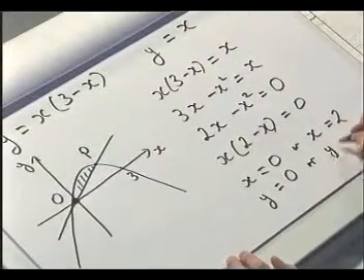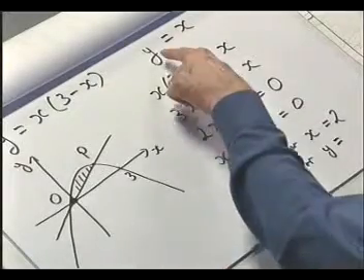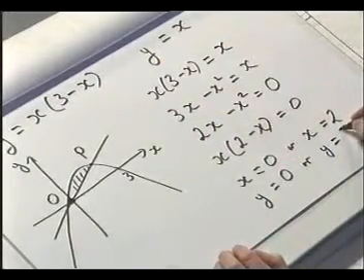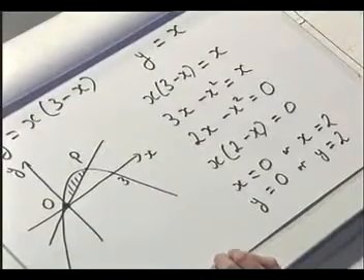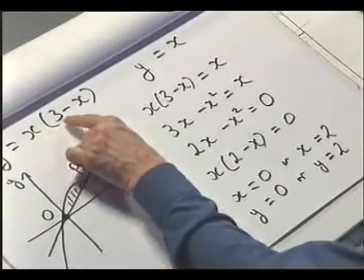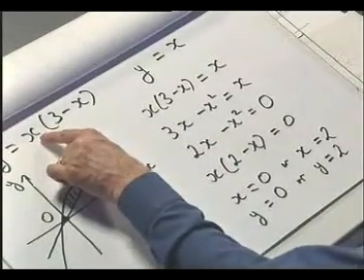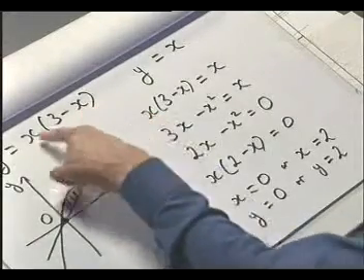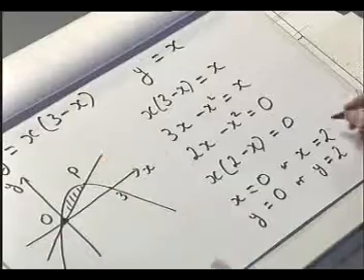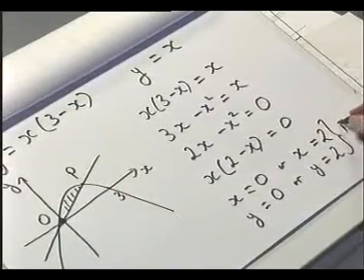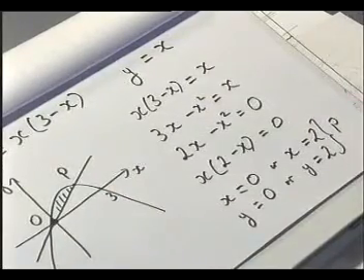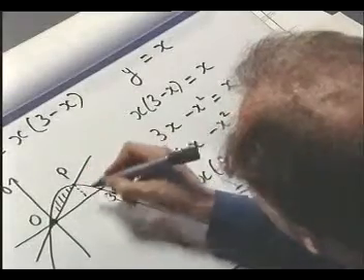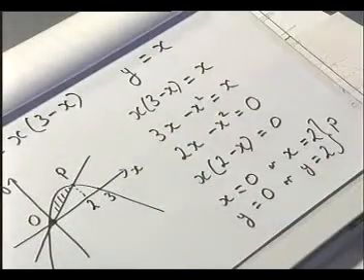Or y is equal to, well, this says y equals x, so presumably y must be equal to 2. And let's just check it over here. If we put x equals 2, we've 2 times 3 minus 2. 3 minus 2 is 1, times by 2 is 2. So it's this here that's the point P. So let's just put that in, 2 there.